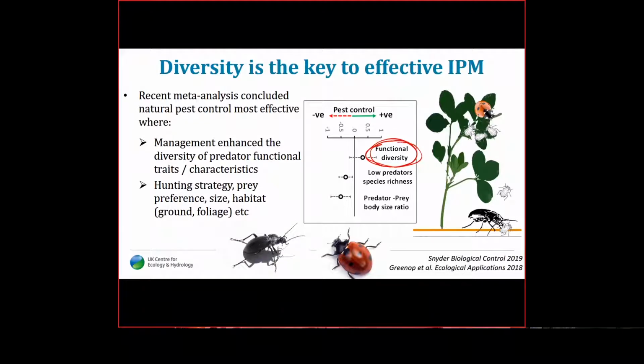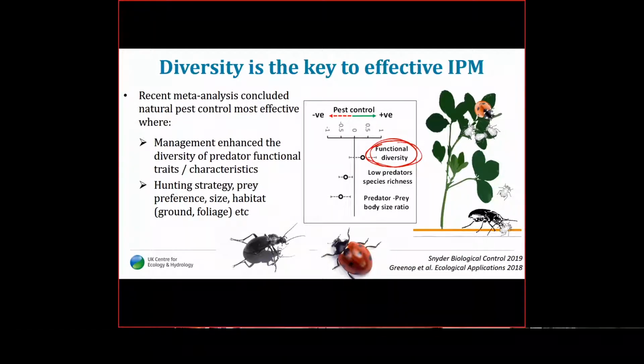predators, but not just their diversity, what we call functional traits or characteristics. A good example of a functional trait is a hunting strategy or prey preference, or the size of the animal. The analogy is the ladybird aphid carabid story, where your ladybird is an aerial predator of aphids in the canopy.